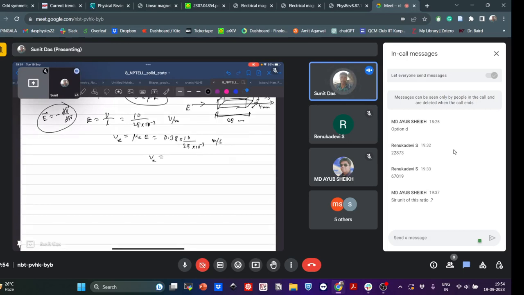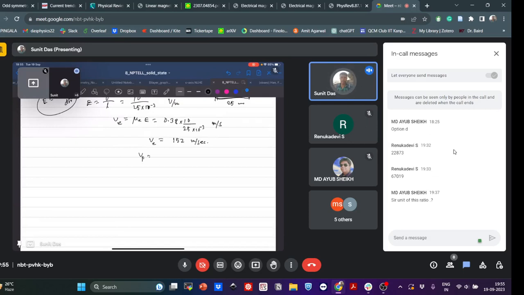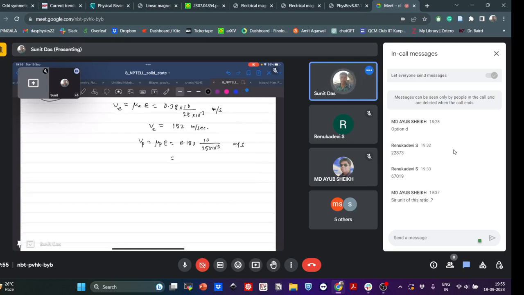So v electron will be 152 meter per second. Similarly, v holes will be mu p into electric field, which is 0.18 into 10 by 25 into 10 to the power minus 3, and this will come as 72 meter per second. Okay, so these are the two answers.